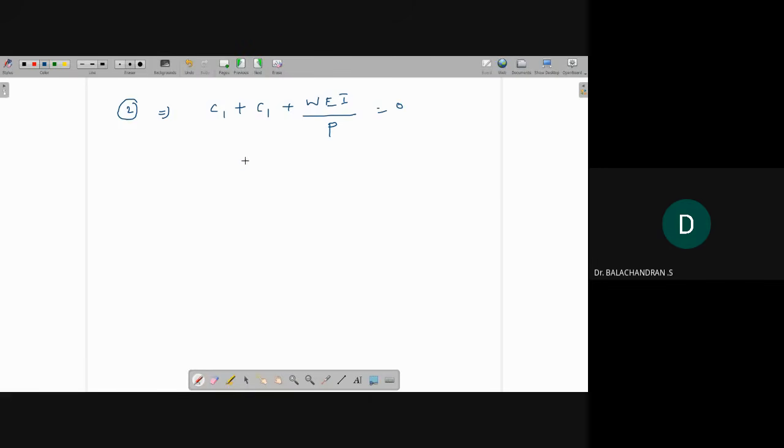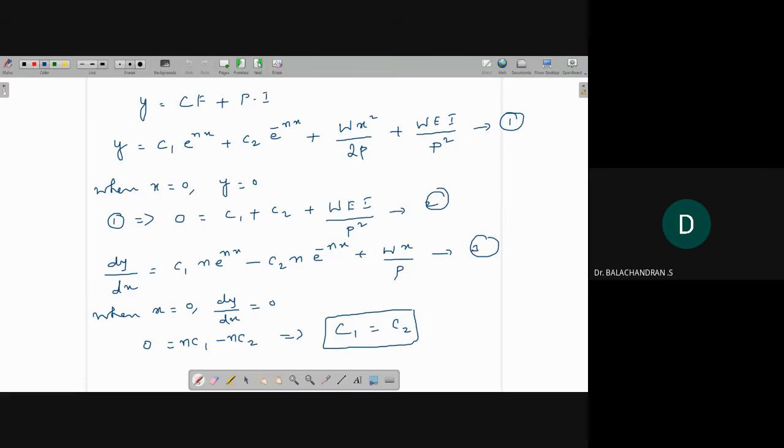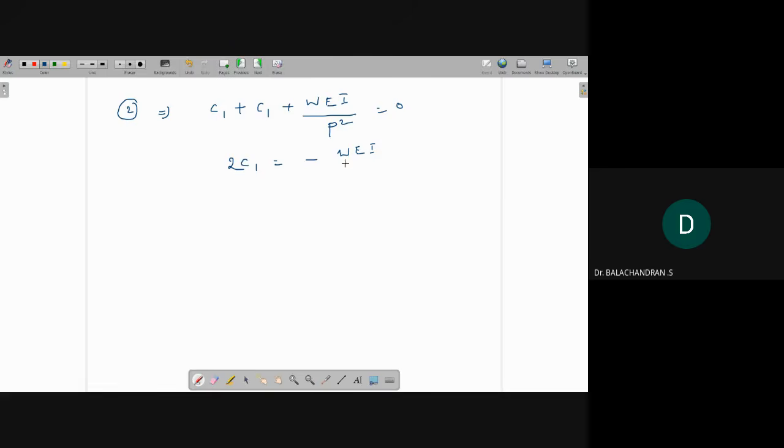From this, 2C1 equal to minus W EI by P square. Okay, so C1 equal to minus W EI by 2P square, which is equal to C2, because we know that C1 equal to C2.